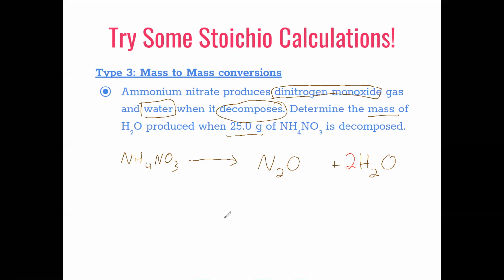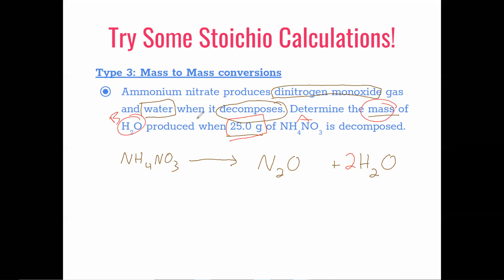And now we are going to look at our mole map. So we were given a mass. We were given 25 grams of our first thing, of A. And I want to know the mass of water.